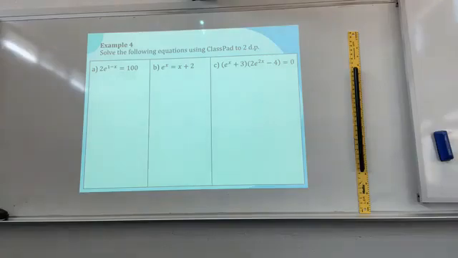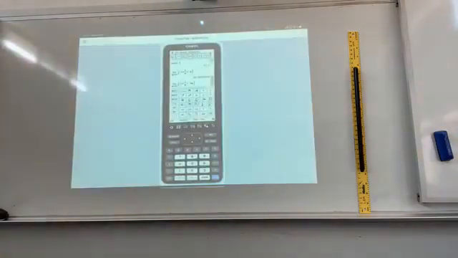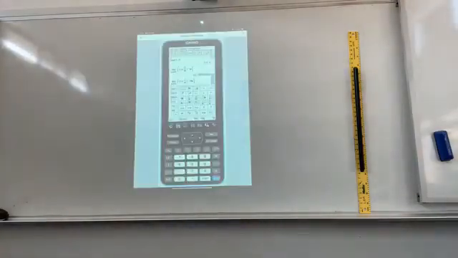So, for example, the first one. What you need to do is use your solve. You're not expected to do it by hand, alright? Use solve. I need to clear all first. Let's go to 2 e to the power of 1 minus x equals 100.